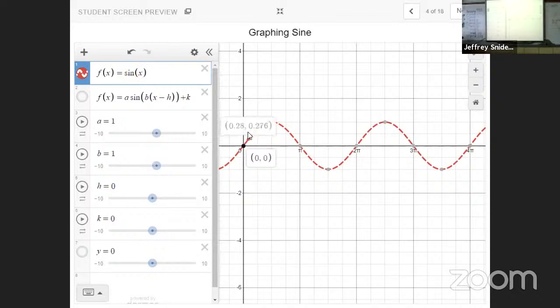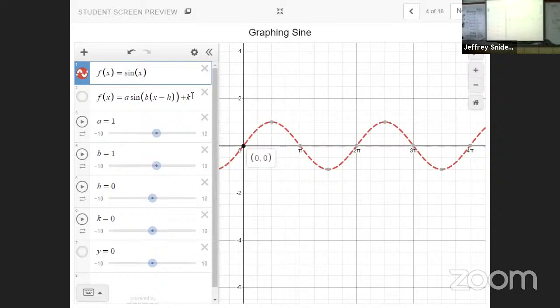Then we saw that it went from 0 to 2 pi, and then the graph repeated. The amount of time it takes for something to repeat is called the period. So the period of sine is 2 pi. It takes 2 pi radians or 360 degrees before you're back to where you started and you repeat the graph.